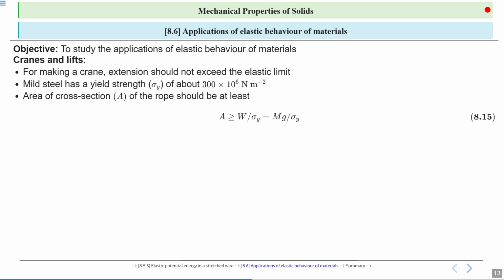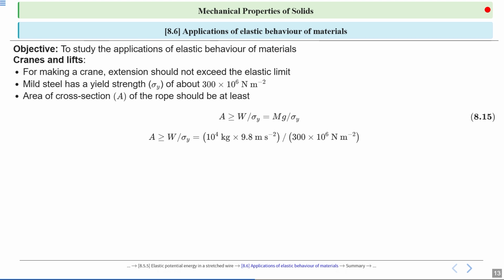Yield strength sigma y. In other words, A is greater than or equal to W divided by sigma y, which is also equal to mass times gravity divided by sigma y. This formula helps us choose a rope that won't break under the load.